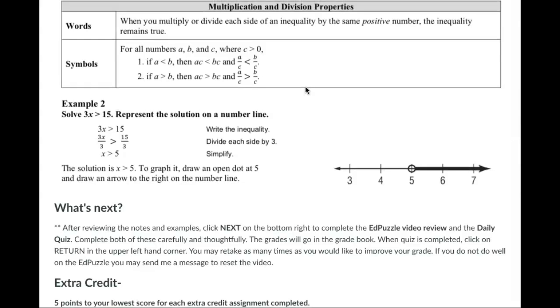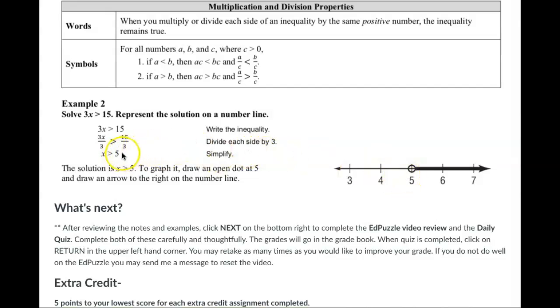Now for multiplication and division properties, it's exactly the same thing as equations, except for one major difference when we are doing negatives, and we'll talk about that in just a moment. This does show you an example for positive situations. So we had 3x is greater than 15. If we divide both sides by 3, we end up with x by itself, because 3 over 3 equals 1, and 15 divided by 3 is 5.